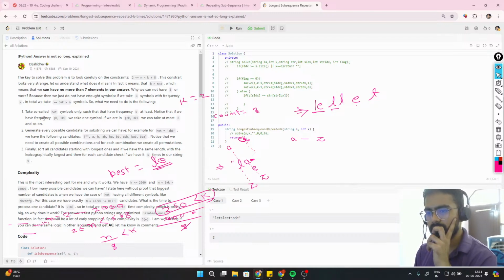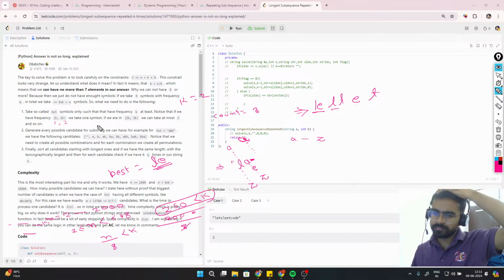Notice that if we have frequency k to 2k, we take only one symbol. Let's take k as 1 to 2. If it is 1 to 2, we take one symbol.